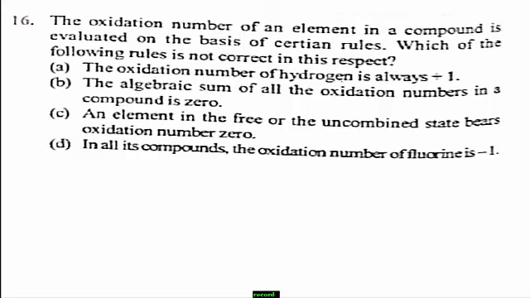Students, remember, the oxidation number of hydrogen can be +1, -1, or it may be 0. In metal hydrides, if you take an example NaH, here the hydrogen oxidation number is -1, because according to the rules, alkali metals or group 1 elements always contain +1 oxidation state.